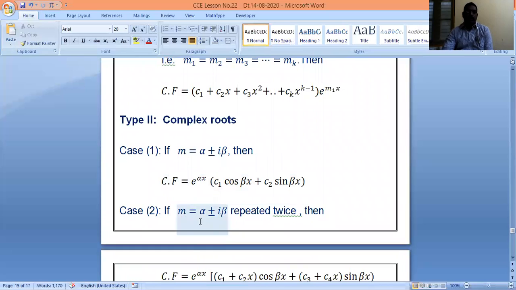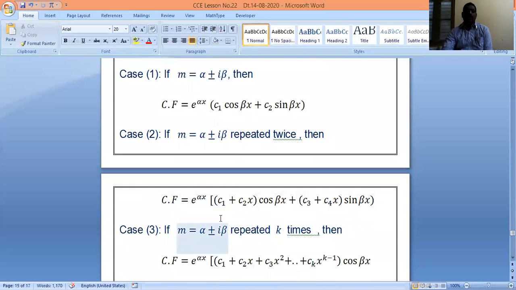Case 2, if m is equal to alpha plus or minus i beta repeated twice, then CF is equal to e^(alpha x) into [(C1 plus C2 x) cos beta x plus (C3 plus C4 x) sin beta x].